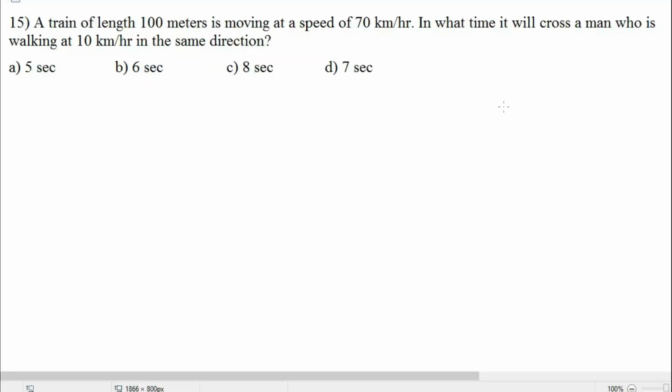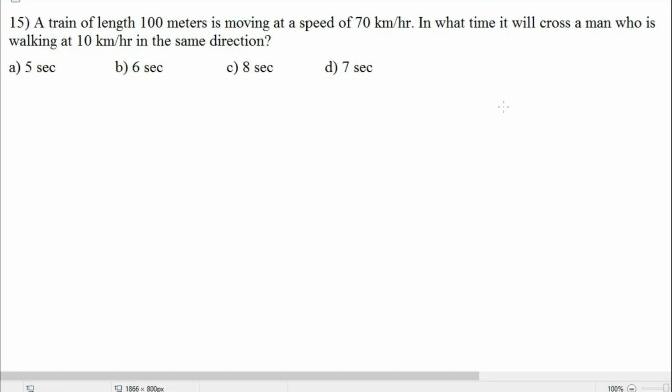Question number 15. A train of length 100 meters is moving at a speed of 70 km per hour. In what time will it cross a man who is walking at 10 km per hour in the same direction? In this problem, both the train and man are moving, so we will find the relative speed of the train.